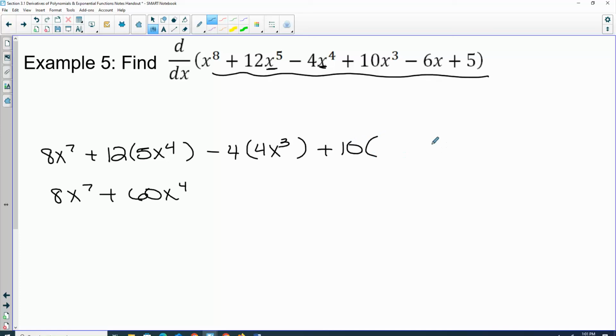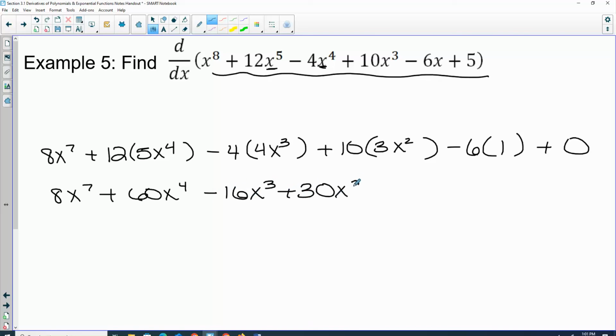Plus 10 times, what's the derivative of x cubed? 3x squared. Minus 6 times, what's the derivative of x? 1. Plus, what's the derivative of 5? 0. So we get 8x to the 7th plus 60x to the 4th minus 16x cubed plus 30x squared minus 6.